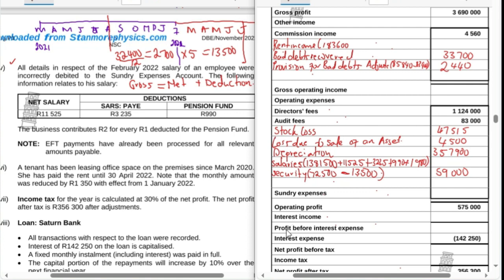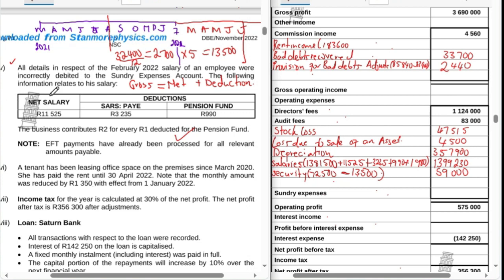And then our final answer for salaries, we have 1,399,230. And then guys, now we are done with our salaries.